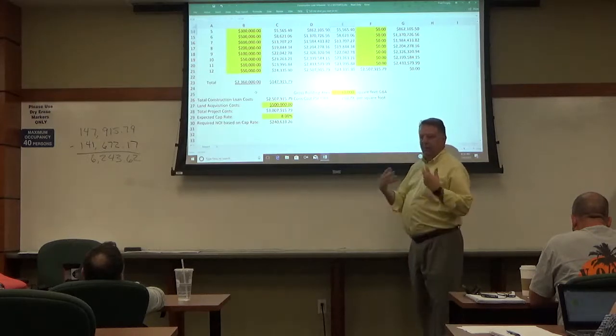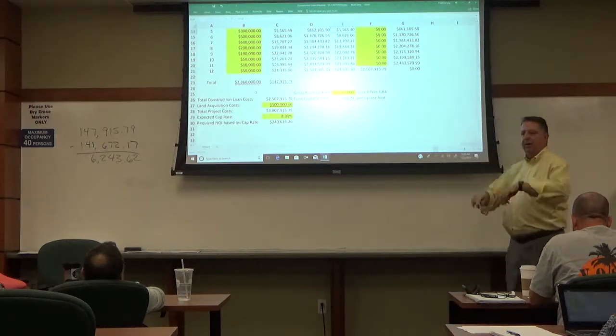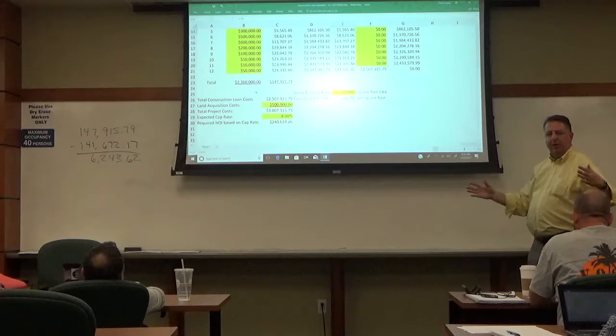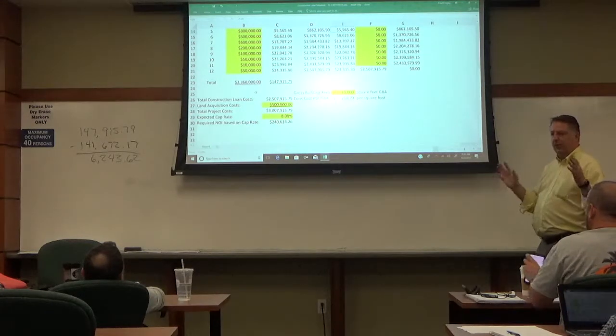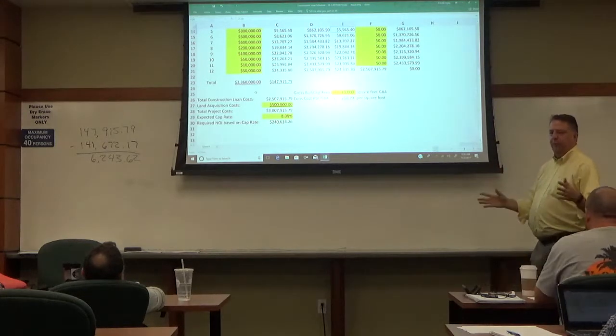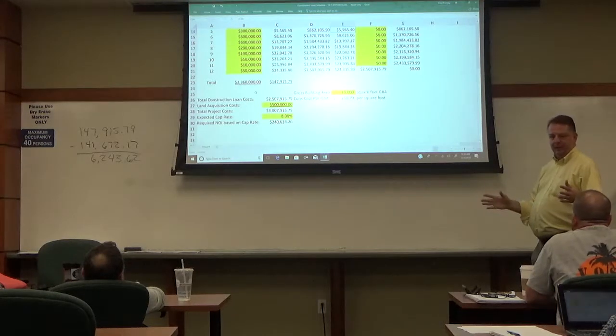We've talked about how the gross building area is pretty much the exterior of the building, the square footage of the total building footprint on a site. Does that make sense, everybody?